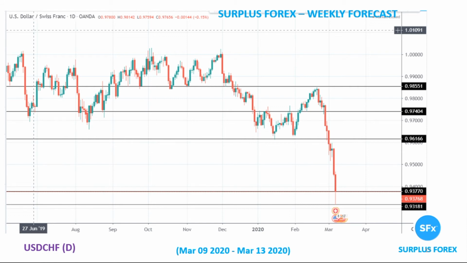The old highest, very tough support was 96.16. As of now it's sitting at 93.76. It has touched a very old support level at 93.18 and bounced back from there. So again I believe that it'll go north from here, maybe with a bit of resistance, and then go north from here. Correction is needed.